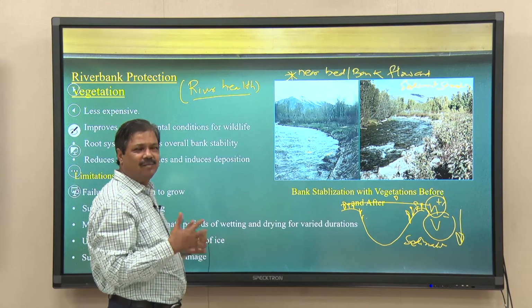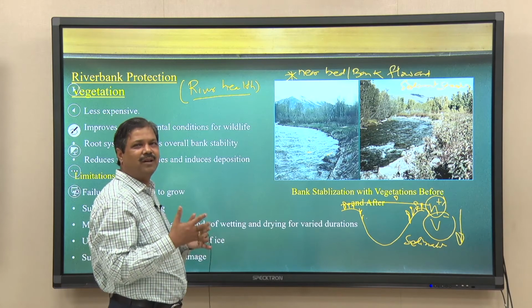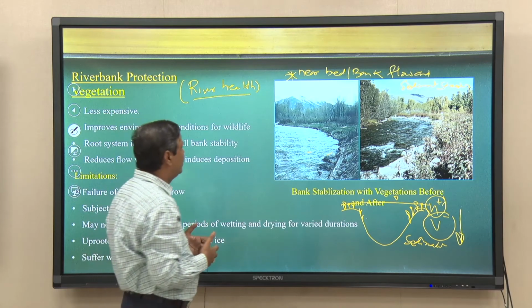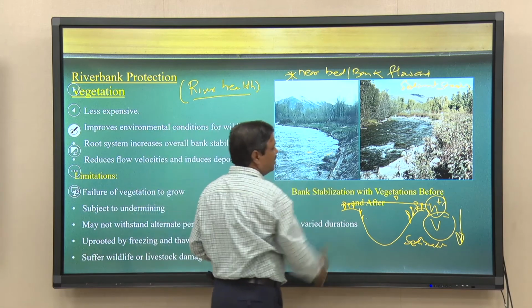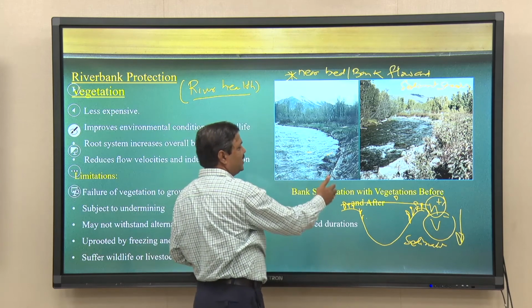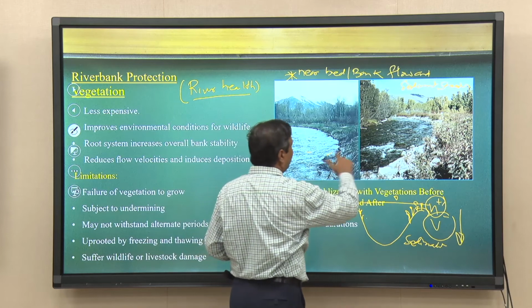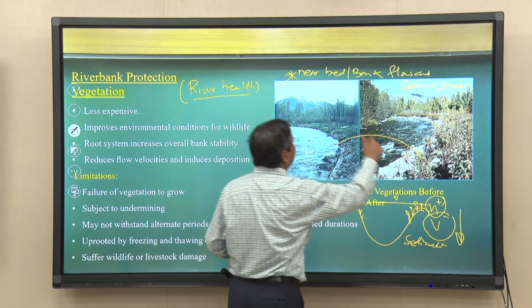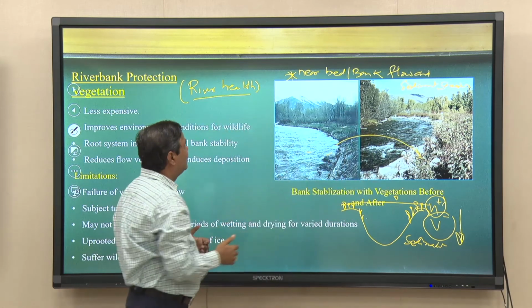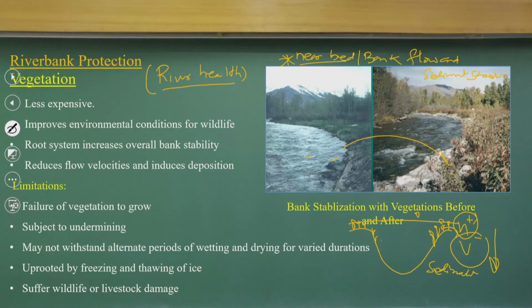But remember, this may happen for smaller rivers where a significant order of flow or velocity is not there. So smaller rivers we can protect naturally with the help of vegetation, changing the near-bed and bank flow and sediment structures, changing the flow resistance and changing the velocity.